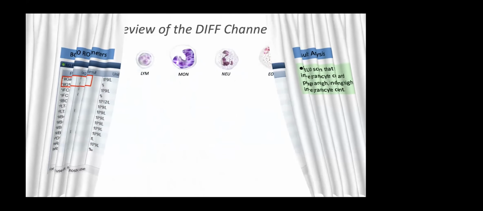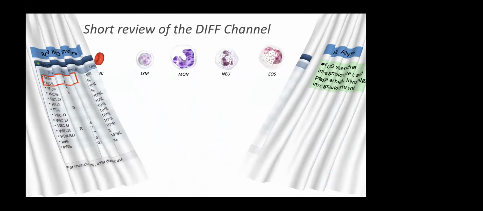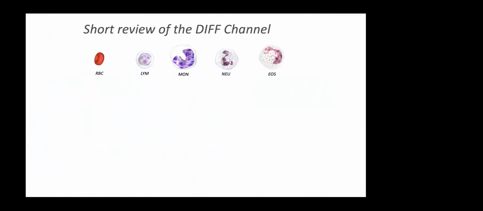Now, before I begin with this case, just a short review on how automated hematology analyzers perform or classify the different white blood cells in the histograms. As we all know, the white blood cells are permeabilized.